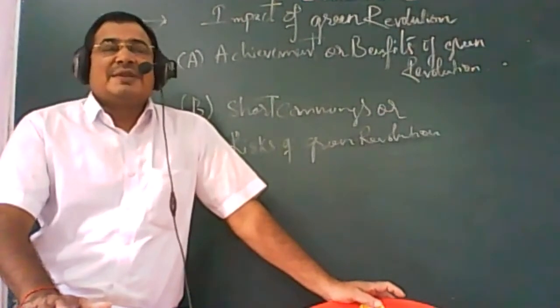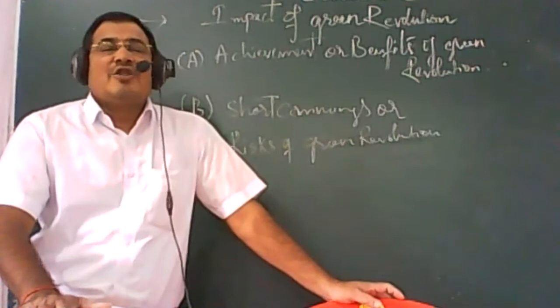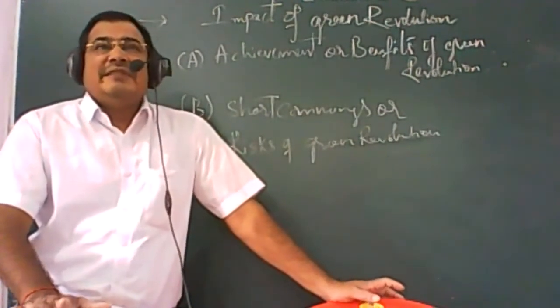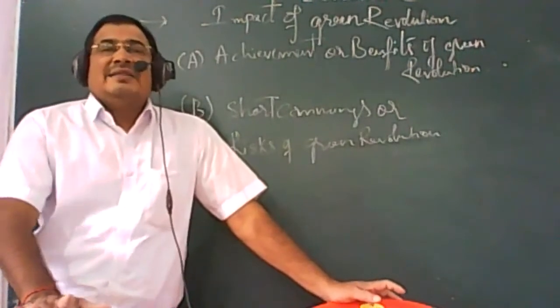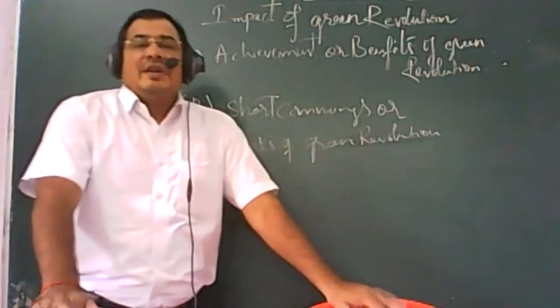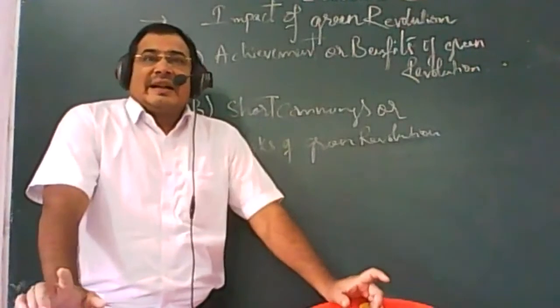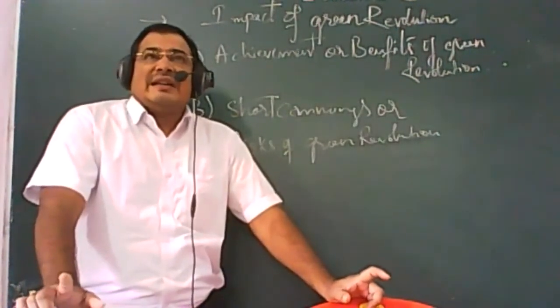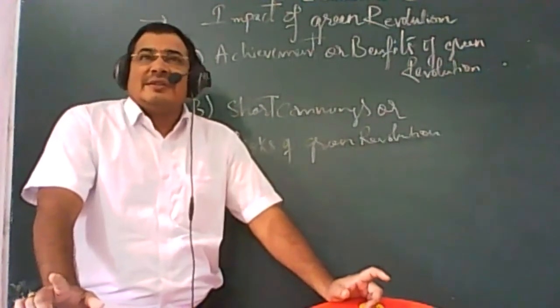This surplus accumulation of food grains led to an increase in buffer stock, and the green revolution led to changes, that is reforms, in what was earlier production for self-consumption.